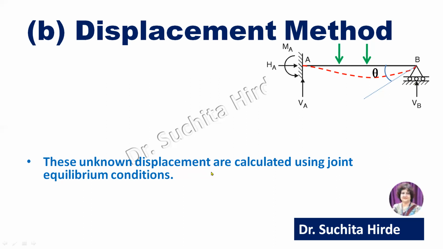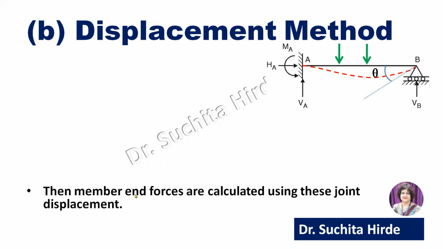So in displacement method, we use joint equilibrium conditions. Then member end forces are calculated using these joint displacements. So we write the equation to calculate the bending moment in terms of these displacements.